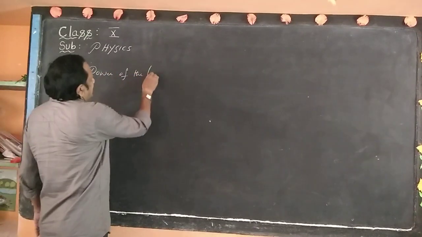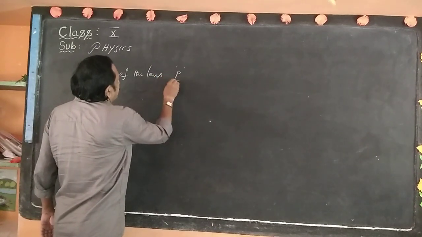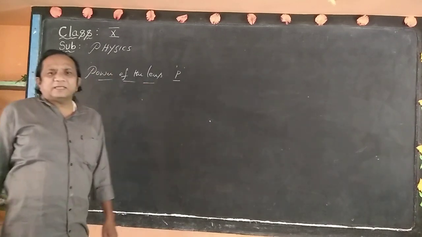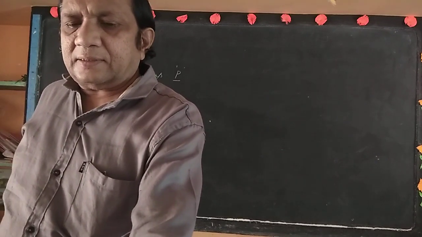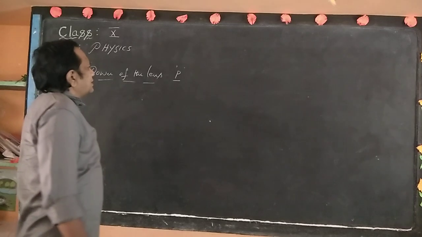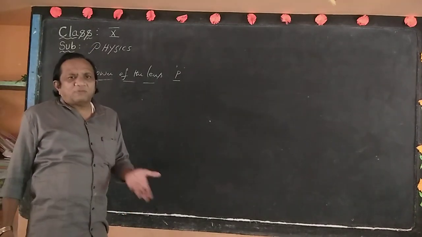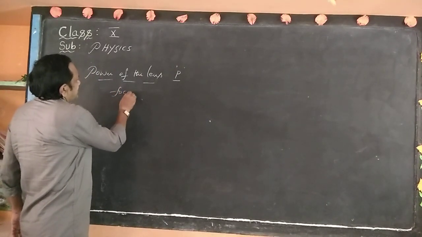Power of the lens is denoted by the letter P. Power of the lens is the reciprocal of the focal length.